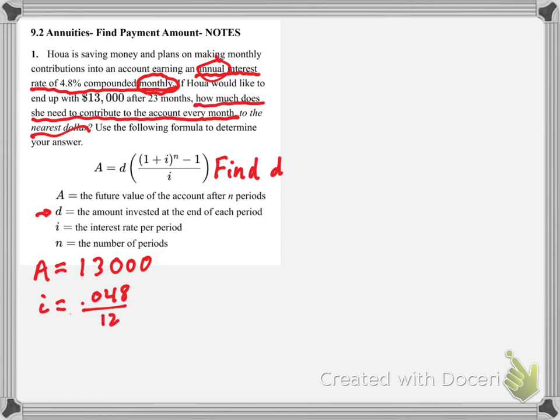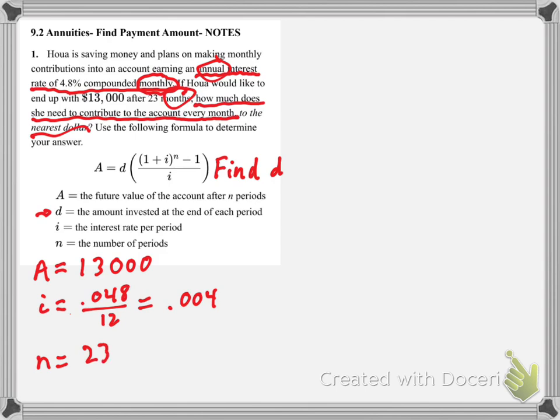So 0.048 divided by 12 is 0.004. So that's our I. Now, N, the number of periods, well, it's in months, so we don't have to change anything. So N is just 23.